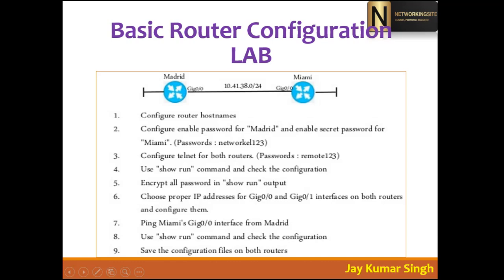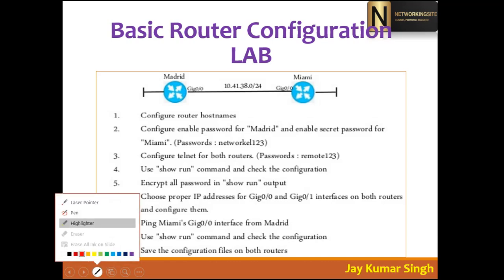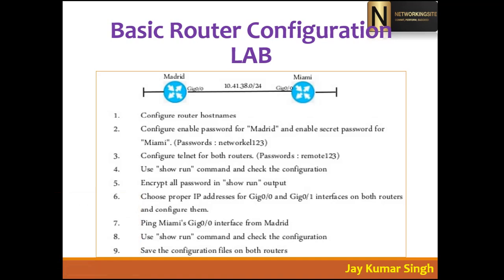In this lab we can see how to configure passwords and how to configure the host name, so what we have done and what we have to do more. We already know how to configure the host name and enable passwords, and telnet for both routers.